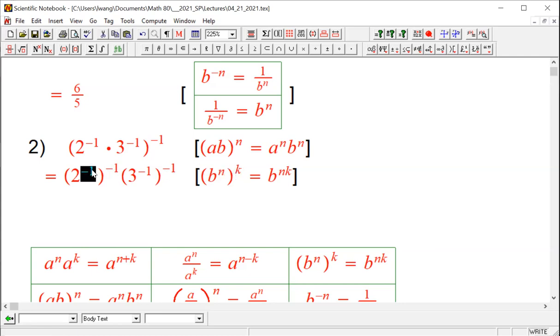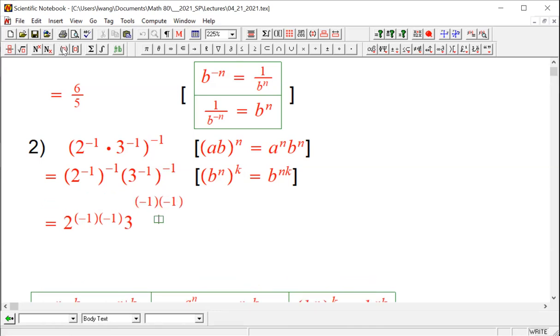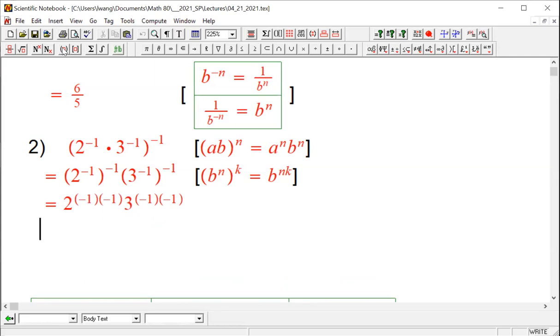So we're going to multiply these two exponents, which will give us 2 raised to the power of negative 1 times negative 1, and 3, same thing, negative 1 times negative 1. And in the end, we're getting 2 times 3, which is 6.